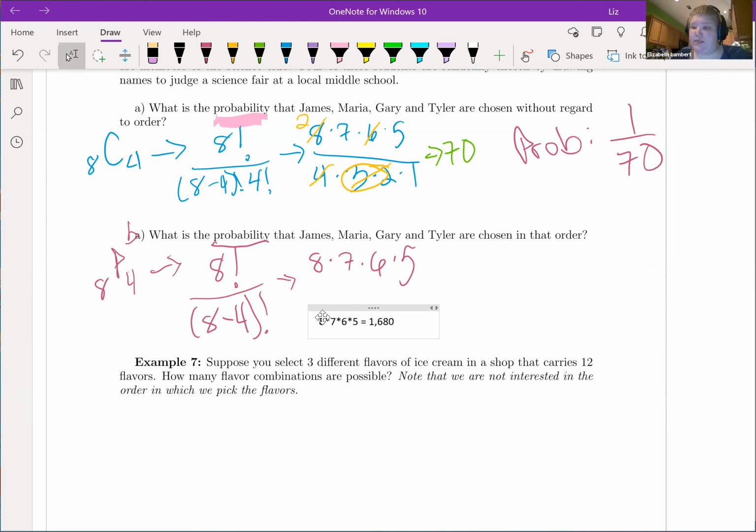So 1,680. There are 1,680 ways to pick an ordered group of 4 from 8. There were only 70 when it was unordered. Now this particular arrangement is one way out of that 1,680.